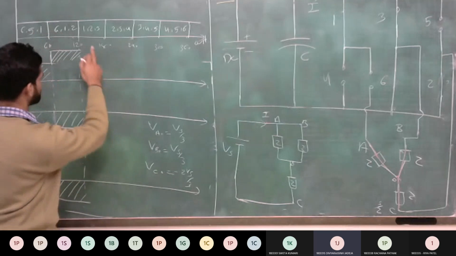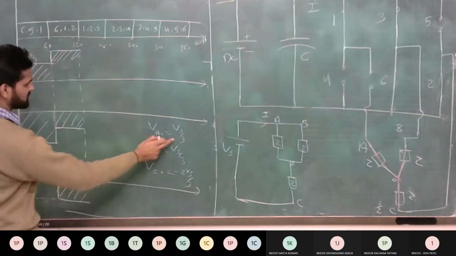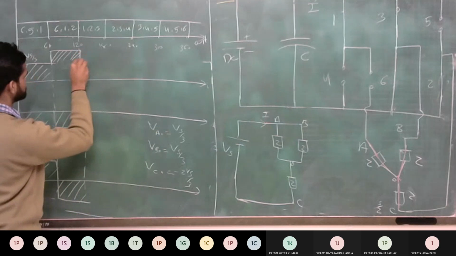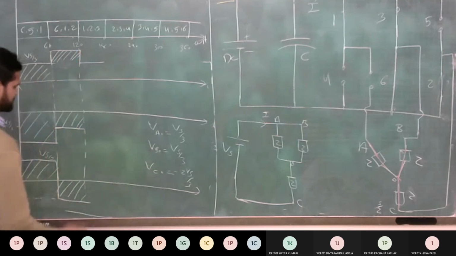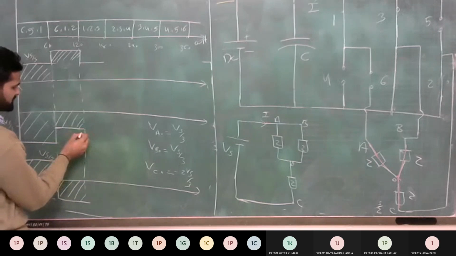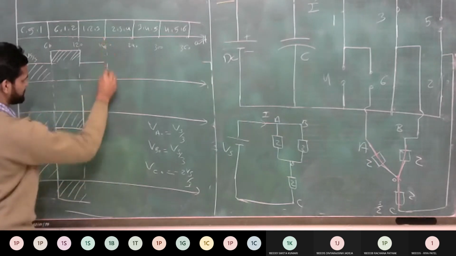So for the third step, let's draw the waveform. VA0 now becomes VS by 3. Then VB0 becomes plus VS by 3; in the previous step it was minus VS by 3, so now it becomes plus VS by 3.